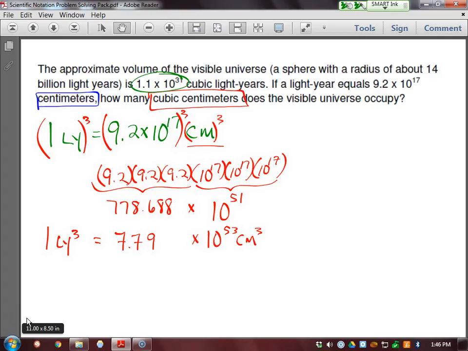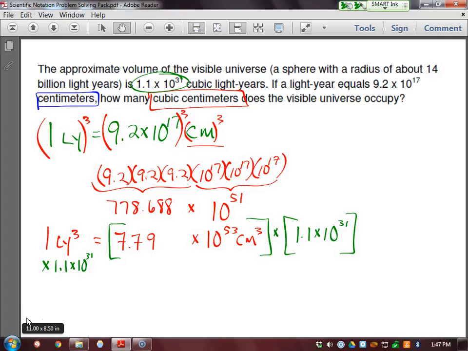So the way that you get 1 to go to 1.1 is you would have to multiply this side times 1.1 times 10 to the 31. And what you do to one side, you do to the other, which means we're going to have to take this and multiply it by 1.1 times 10 to the 31 to keep all things equal.